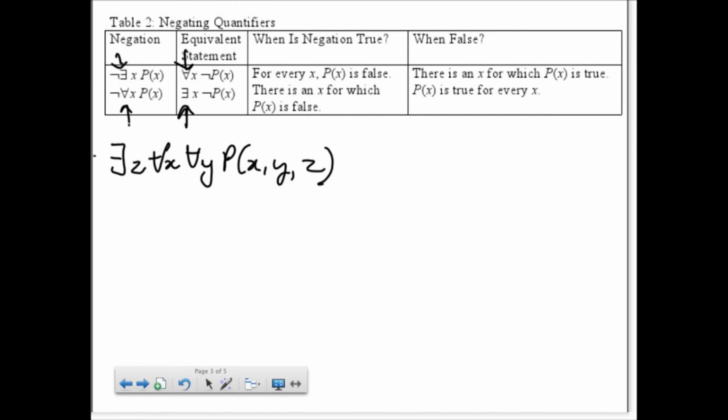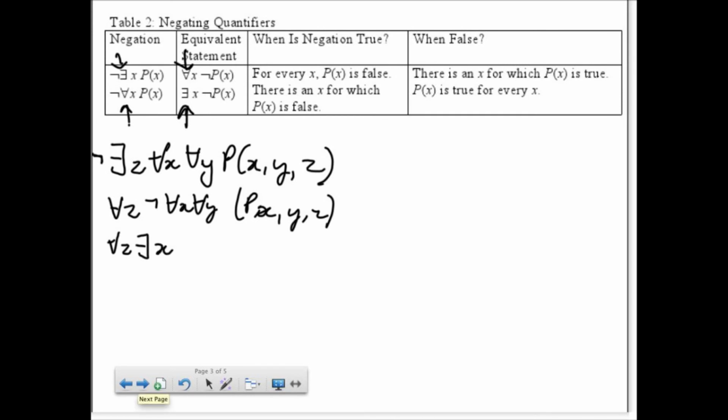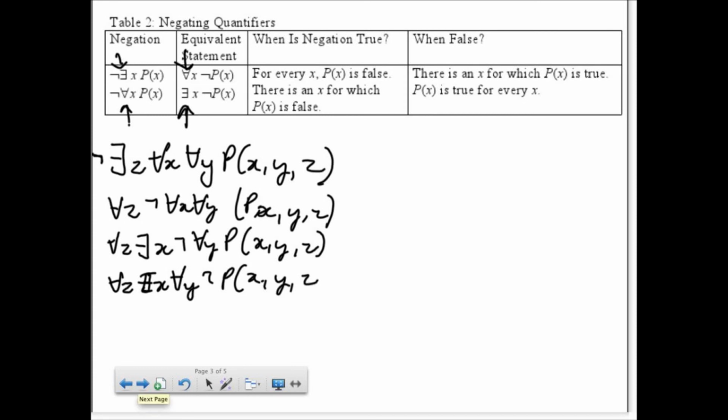Negating the statement, we put the not symbol in front and push the not symbol through, and continuing along until we finally get not p x y z.